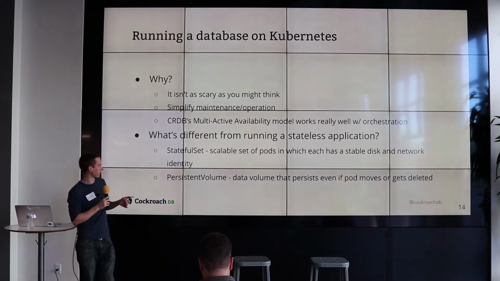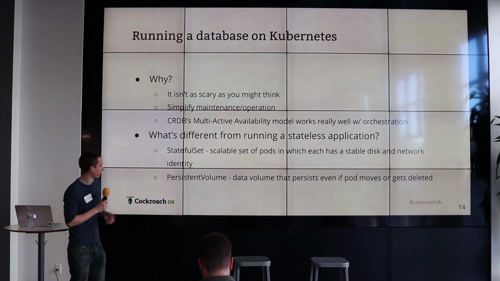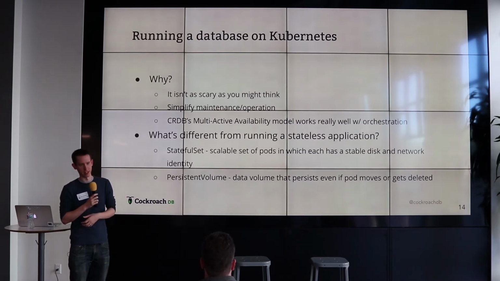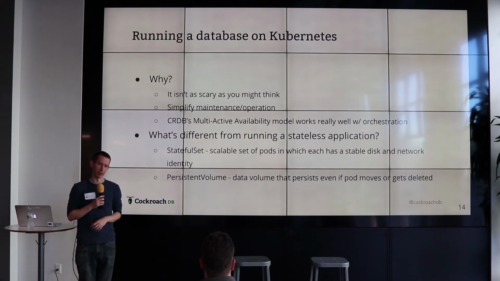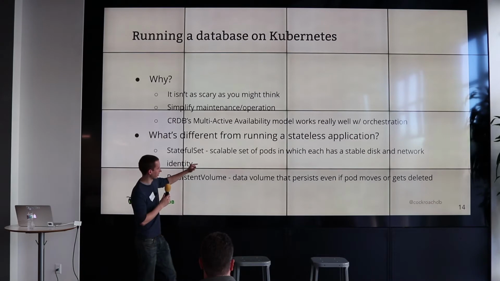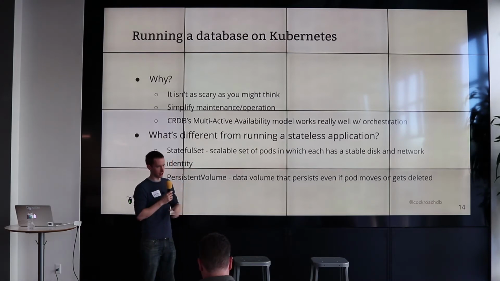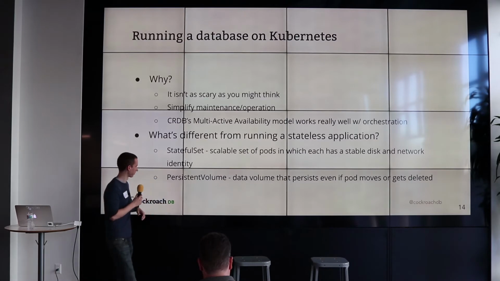That basically means their DNS name is not going to change across restarts, so they can consistently be talked to and talk to each other. And their disk is going to follow them as the pod gets killed and rescheduled across the cluster. So this is really important for making sure that we're not constantly losing our data and that the nodes can talk to each other even across restarts.